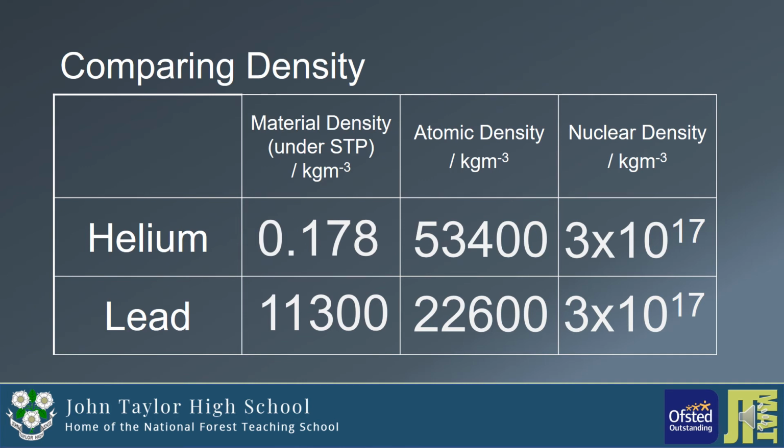The other conclusion it does lead us to, which is quite significant, is that protons and neutrons actually are separated by pretty much a constant distance. It doesn't matter if those protons and neutrons are in helium, if they're in lead, if they're in any other element. To maintain a constant nuclear density means that those nucleons must actually have the same separation regardless of what they're in.